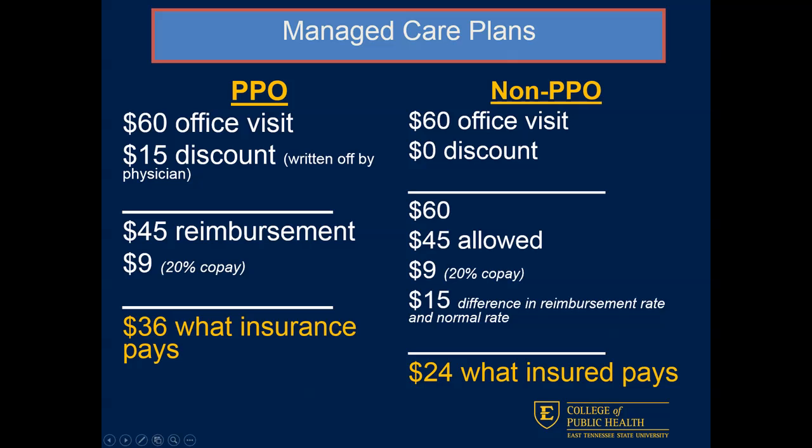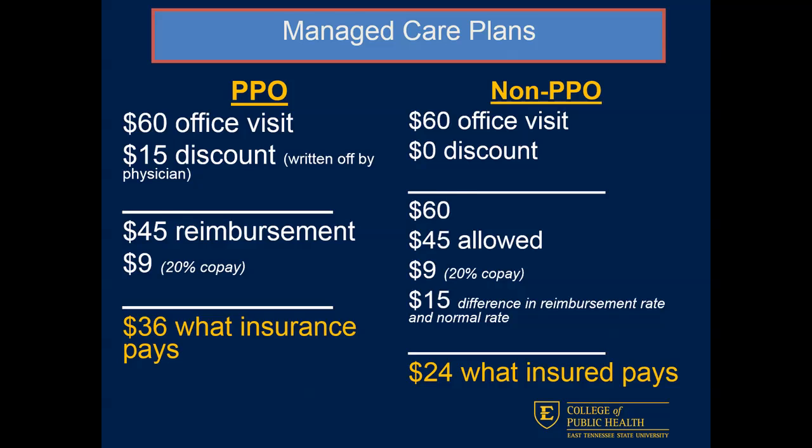You will pay your $9 copay off of that $45. But there's still a $15 difference between what was charged and what was allowed. So you add that in addition to what you made on your copay, and $24 will be what you end up paying as the insured, versus if you were to stay in network, you would have only been paying $9.